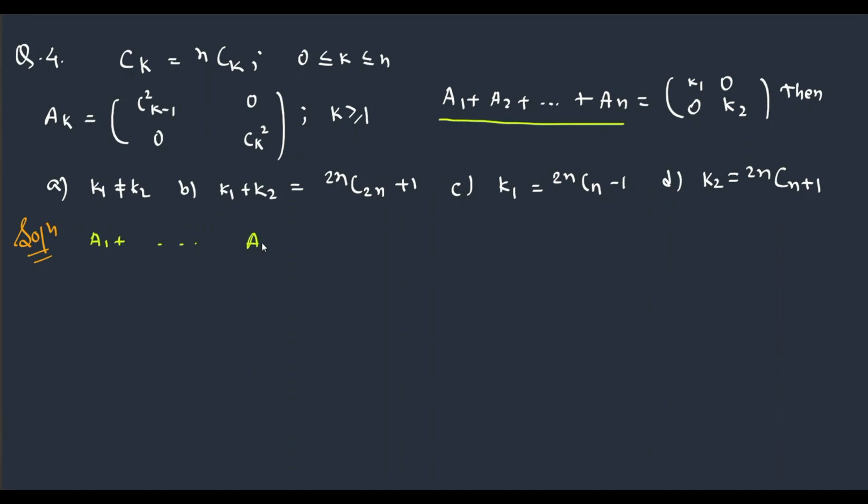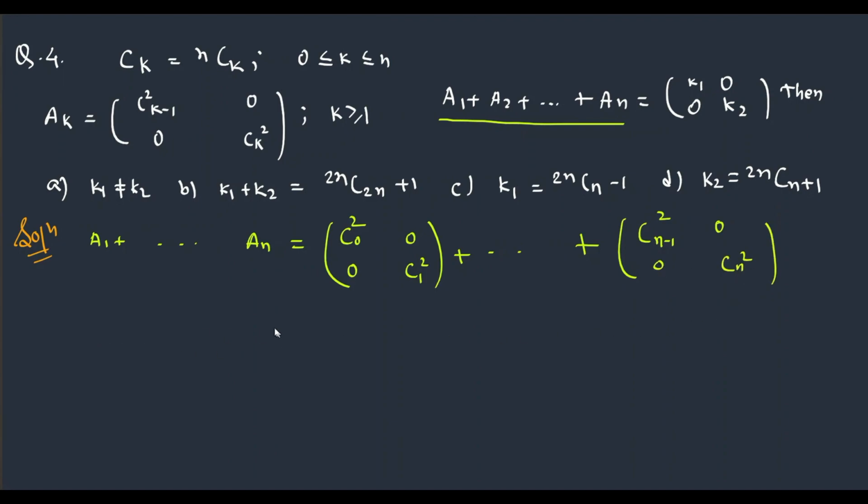Up to An, so we have A1 value is C. If you put in the place of K1, so you get C0 square, then 0, 0, and here you have C1 square, plus in this way the last term will be Cn minus 1 square, 0, 0, and Cn square.